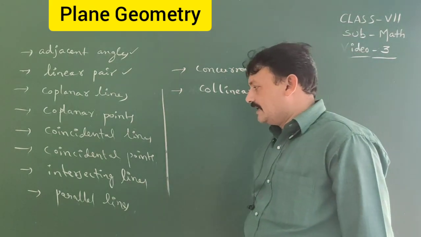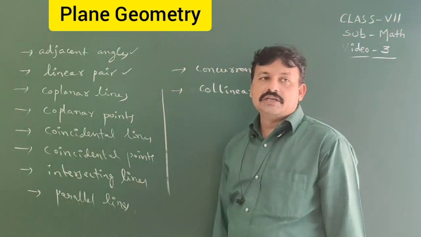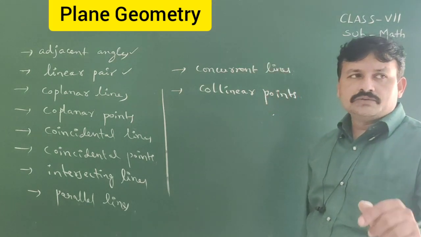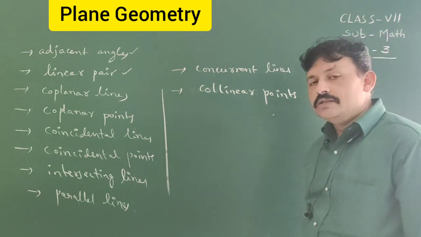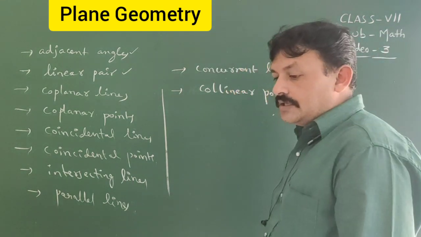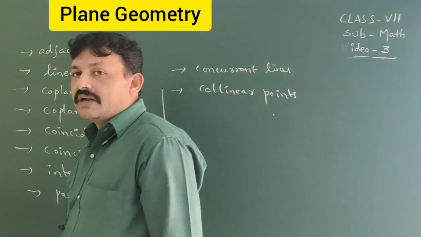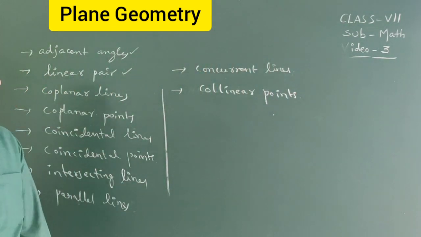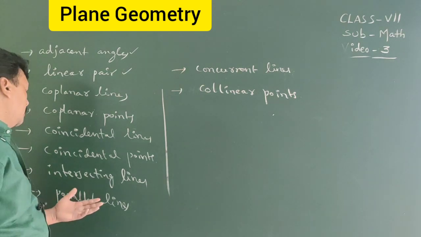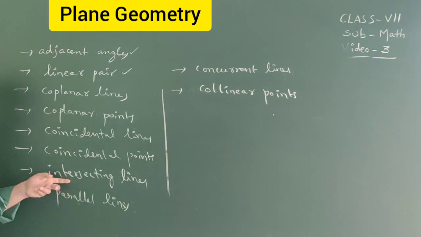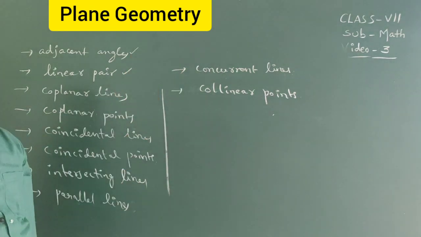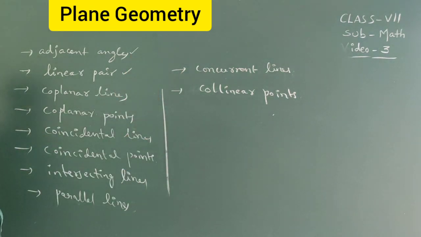Intersecting lines. Two lines that meet at a point are called intersecting lines. Where the two lines meet, that point is called the point of intersection. Parallel lines. Two lines that never intersect anywhere are called parallel lines. In daily life, you could find many intersecting lines: corners of your books, corners of a door.